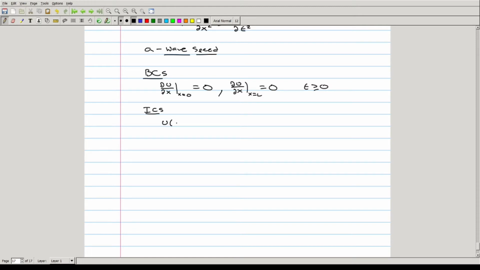In general, we'll have an initial condition for u and we'll also have an initial condition for the derivative of u, where f and g are some suitably chosen functions.